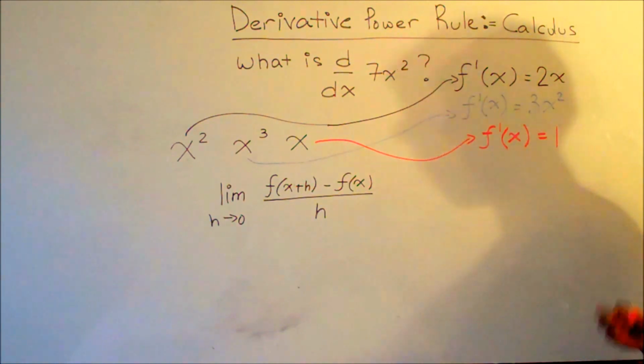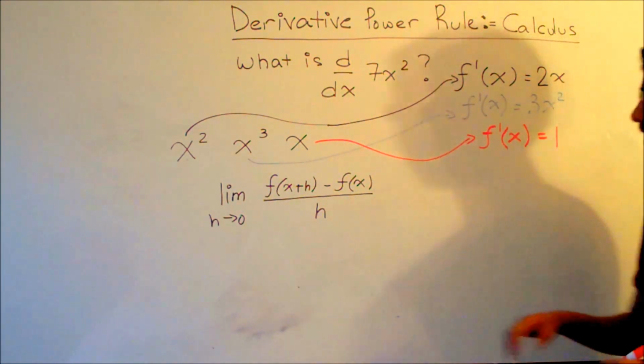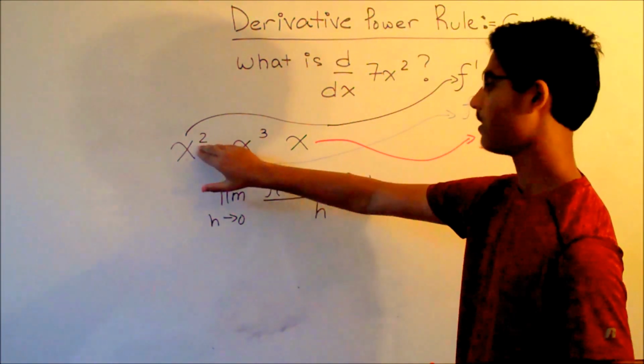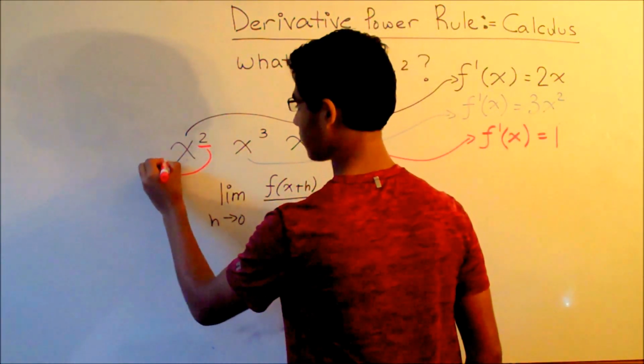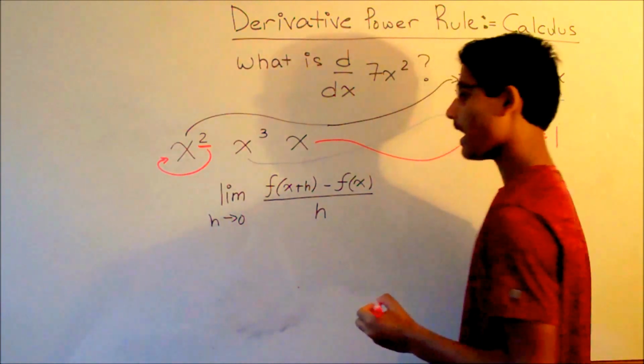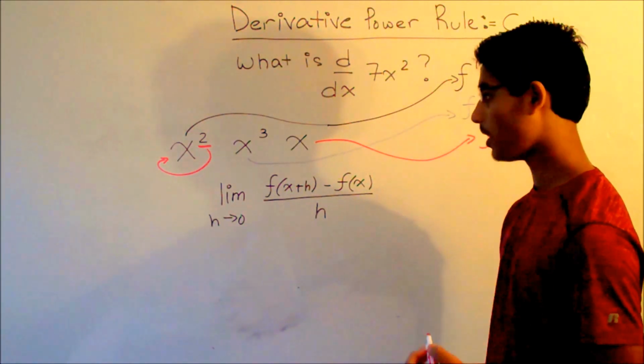Well, the pattern here is that the exponent of the function becomes the coefficient of x, and then the exponent decreases by 1.